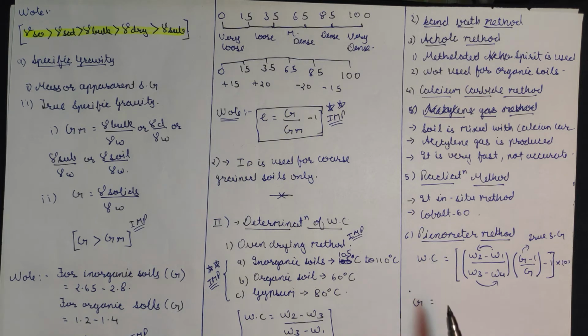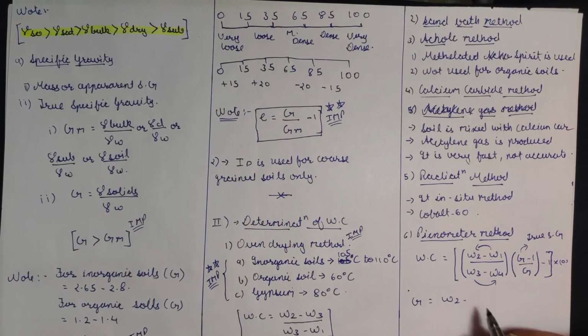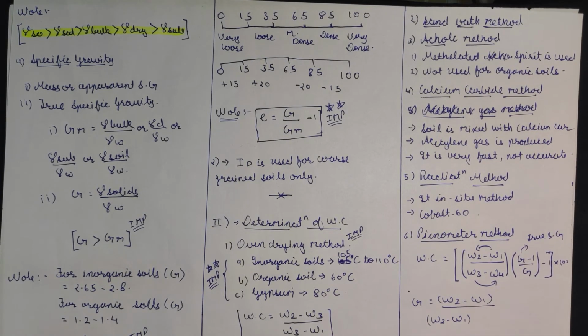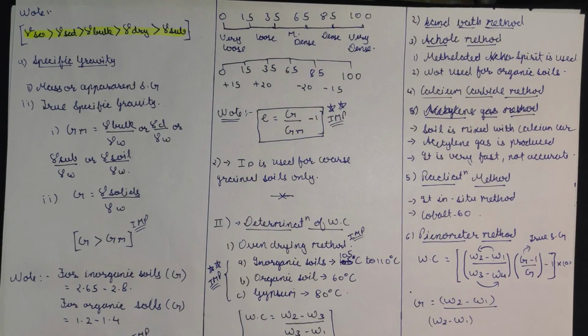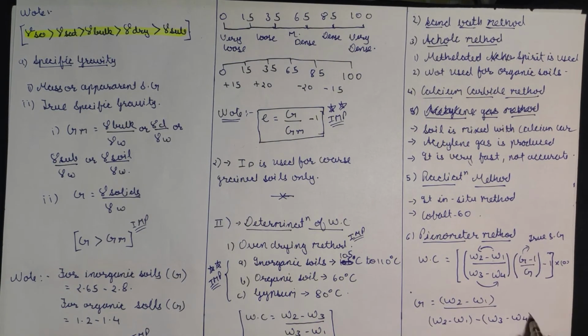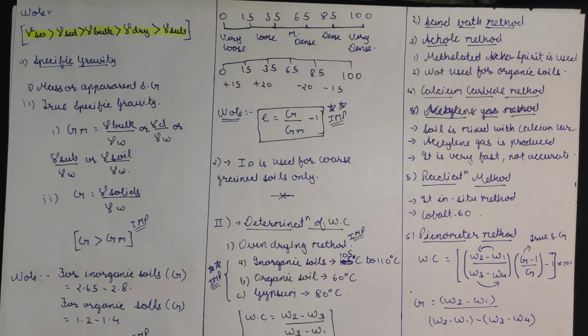For the specific gravity from the pycnometer method, the formula is given as (W2 minus W1) upon ((W2 minus W1) minus (W3 minus W4)). This is the formula from which we can find the specific gravity through the pycnometer method.